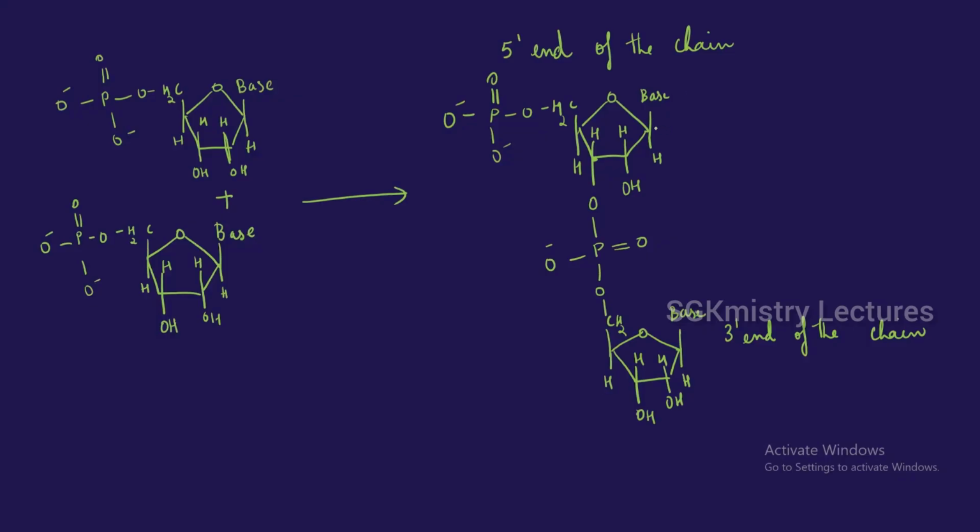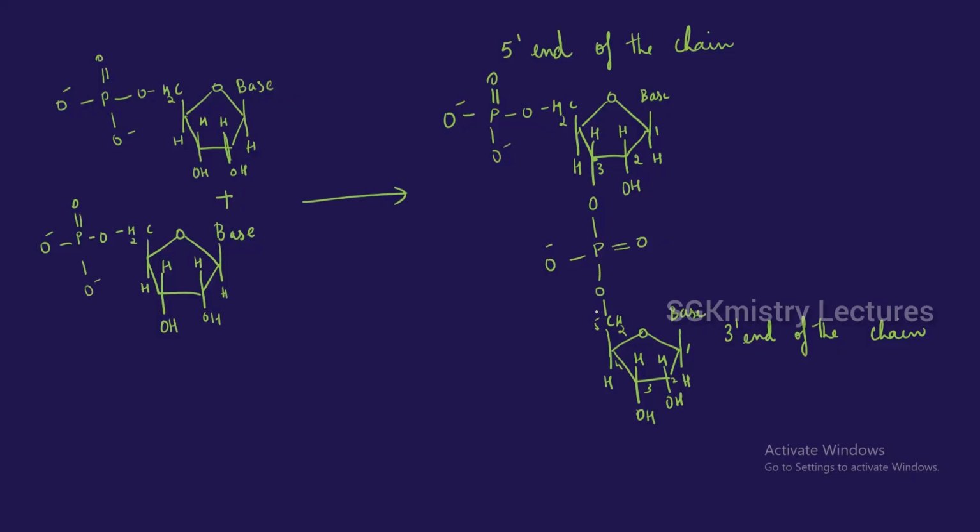So let us see how the numbering is done. Here we know that 1, 2, and 3. So from this carbon, from the third position, here you know that 1, 2, 3, 4, 5. So the bonding takes place in this direction from the third carbon of the sugar of one nucleotide to the phosphate group that is linked to the fifth carbon of another nucleotide, so that the chain continues on both the ends.